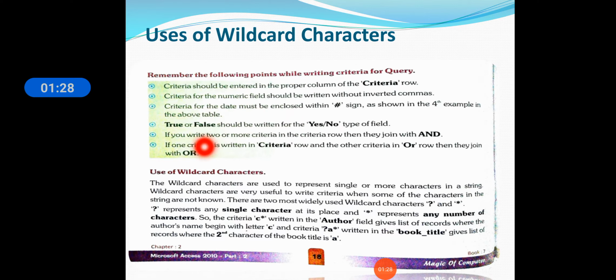True or false should be written as yes or no in that type of field. And if two or more criteria are there, you can use AND. If one criteria is in one row and another criteria is in another row, then you can use OR to join them.